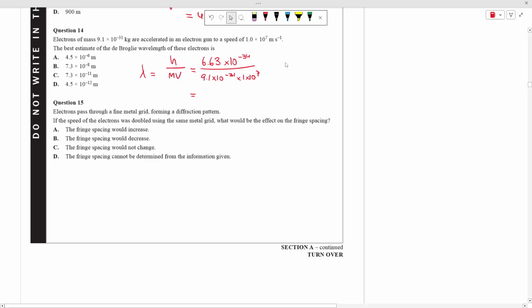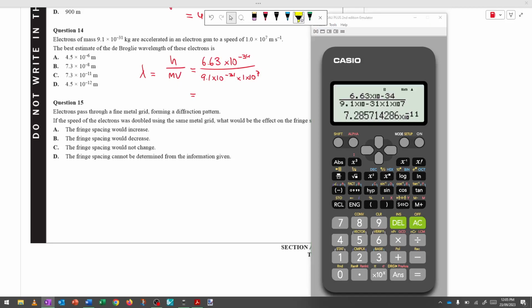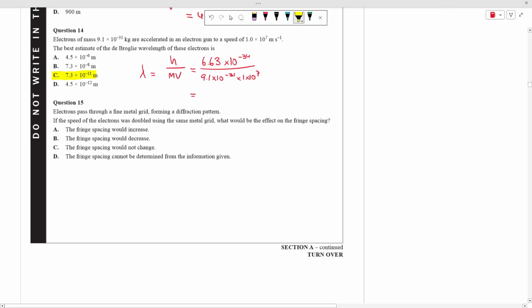That is equal to 6.63 e negative 34 over 9.1 e negative 31 times 1e7. 7.2 or 7.3 times 10 to the negative 11. 7.3 times 10 to the negative 11.